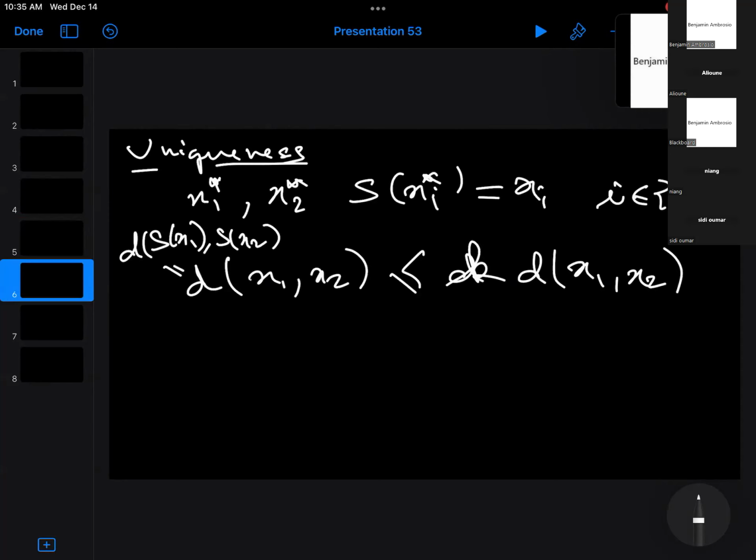And so this is not possible unless d equals 0, which implies x1 equals x2. All right, so we're now good with our fixed point.